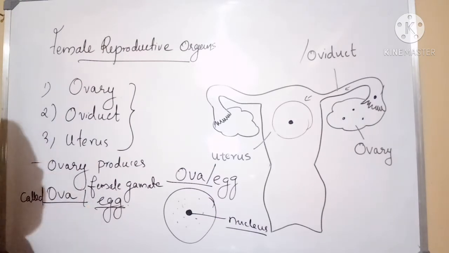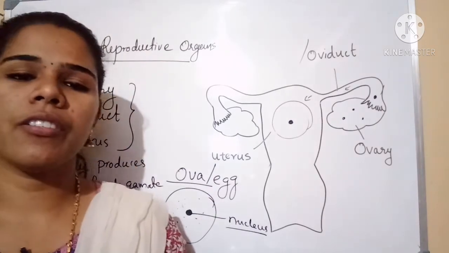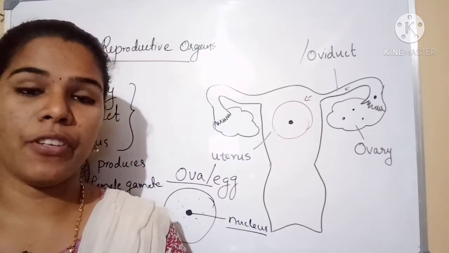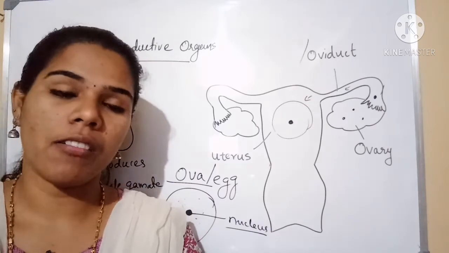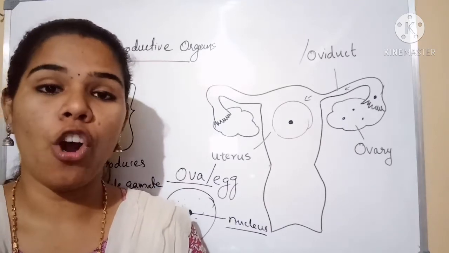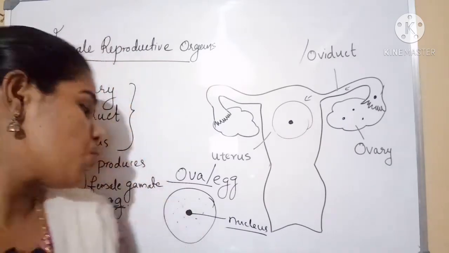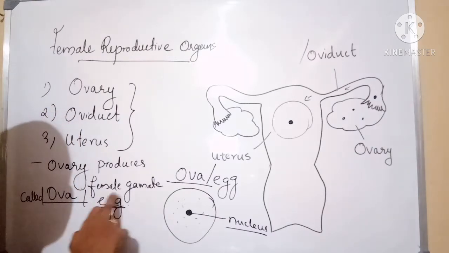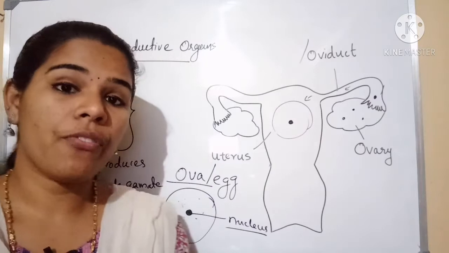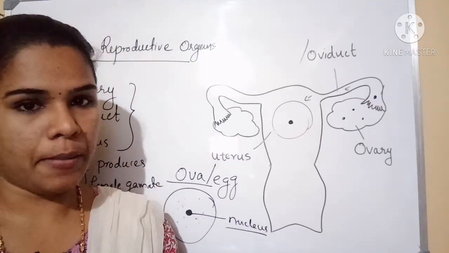So what is the male gamete? What is the name of the male gamete? We learned in our last class that the male gamete is the sperm. Here the female gamete is the egg.